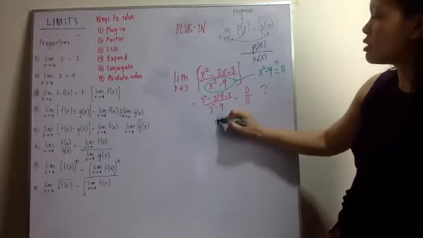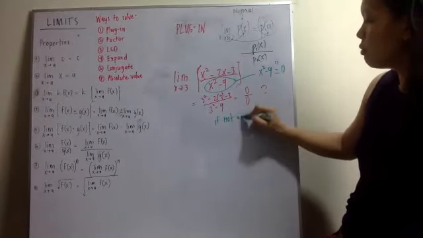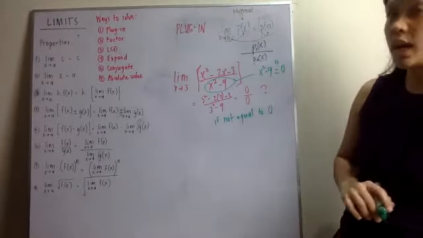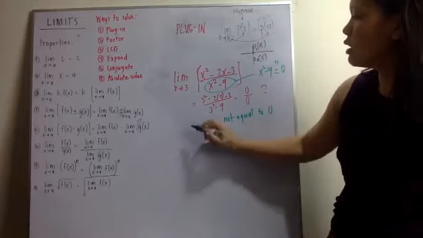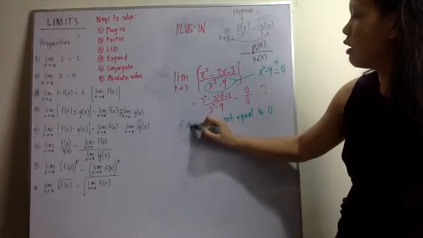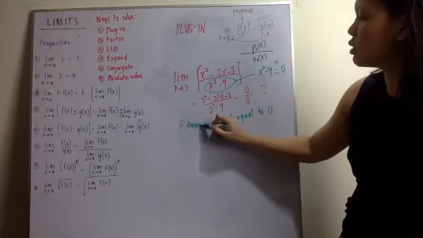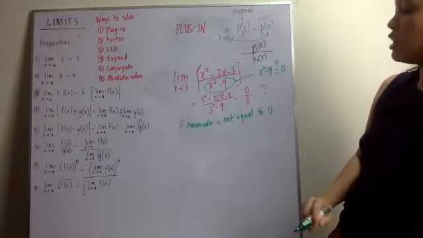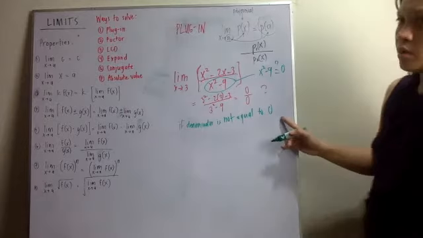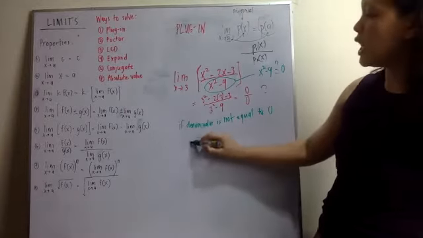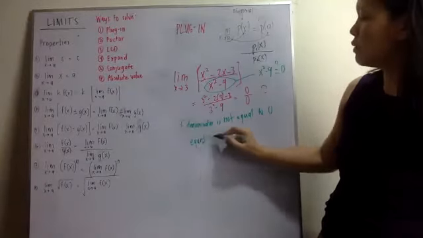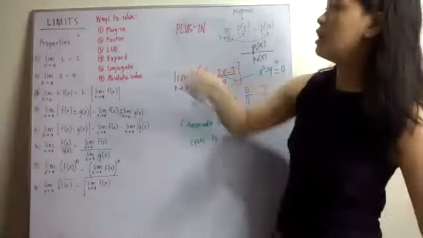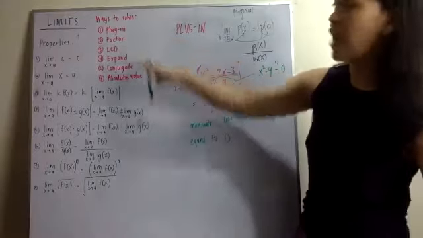If not equal to 0, plug in. Okay? If the denominator of the rational expression is not equal to 0, plug in. Kapag equal to 0, proceed tayo sa next natin na approach. That is to factor.